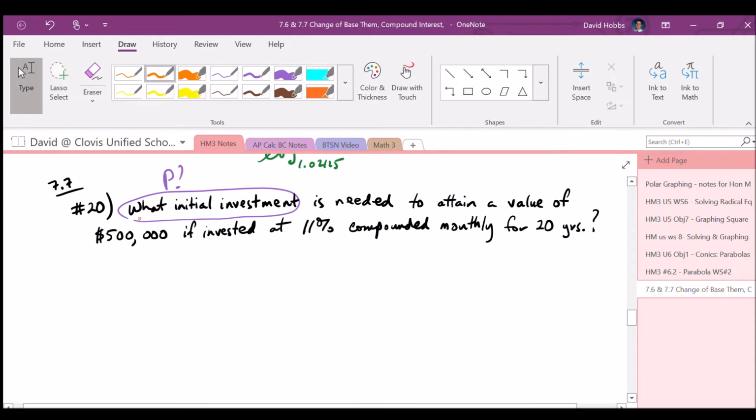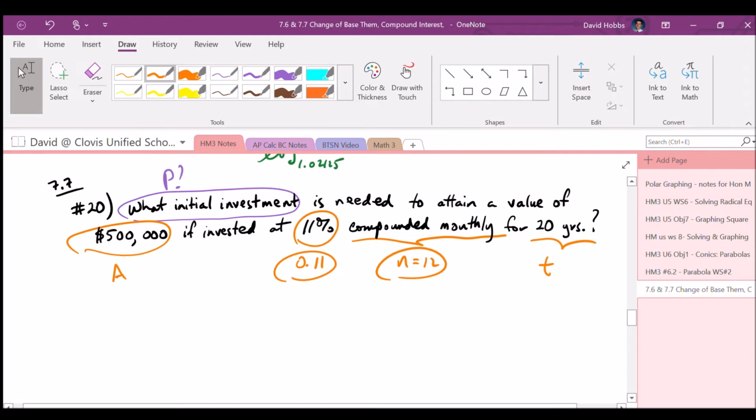And the 500,000 is A, and 11% is 0.11, and compounded monthly, that's the number of compoundings, so N is 12, and 20 years, that's time. Okay, so we're using the formula A equals P(1 plus R over N) to the NT.